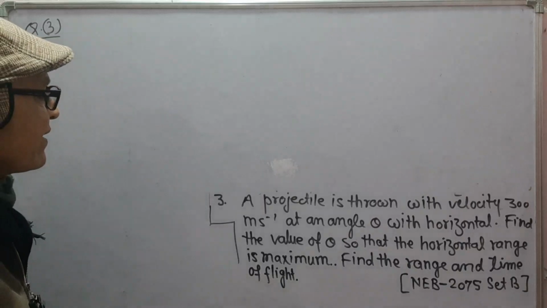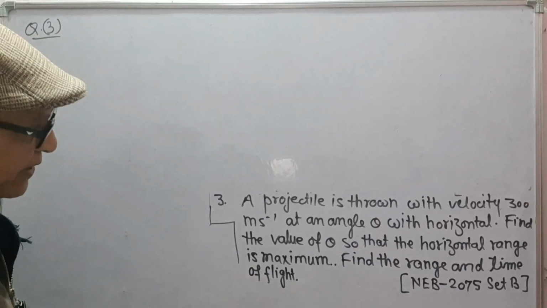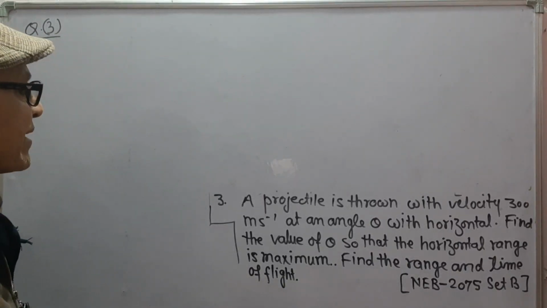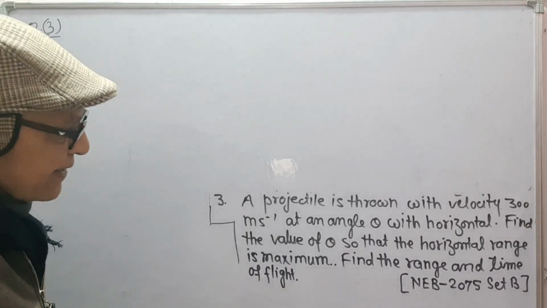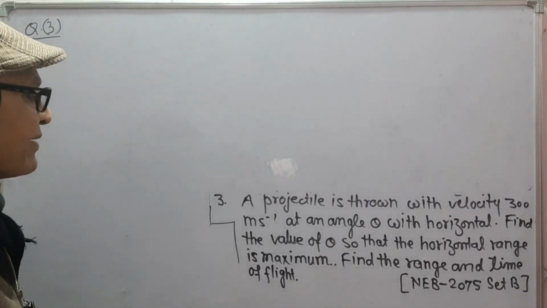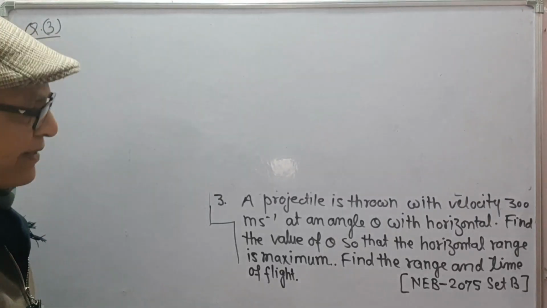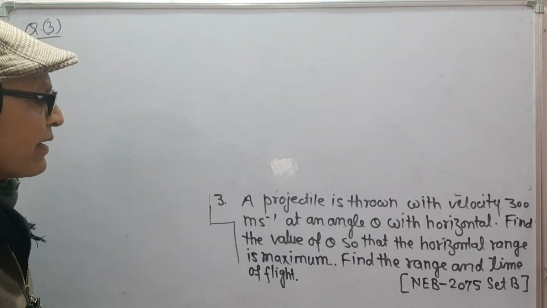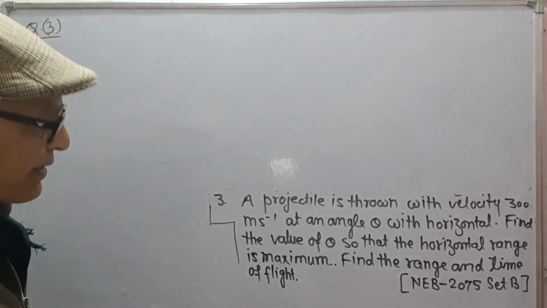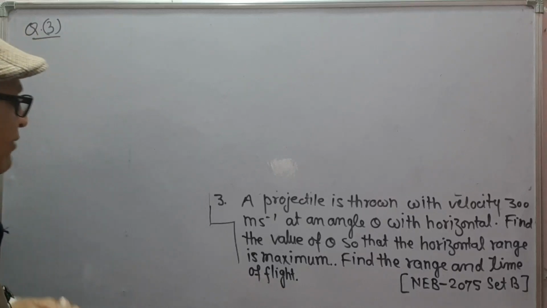Next question number 3. The question is, a projectile is thrown with velocity 300 meter per second at an angle of theta with horizontal. Find the value of theta so that the horizontal range is maximum. Find range and time of flight.